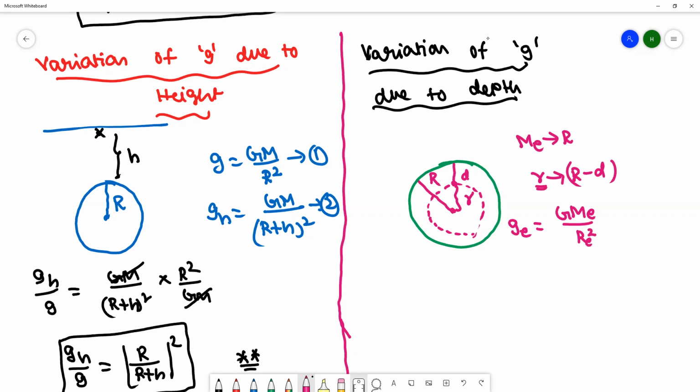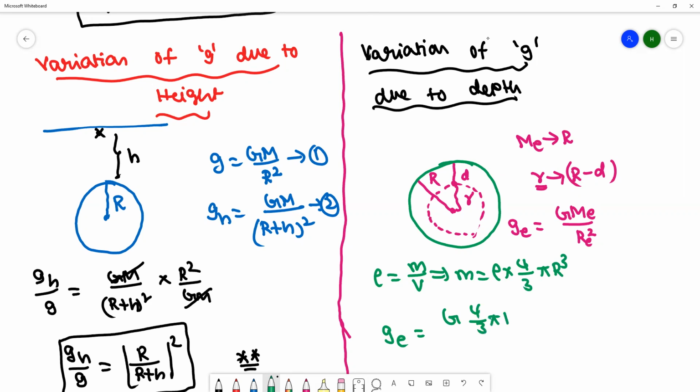Density is equal to mass per volume, so mass is equal to density into volume. If you consider the total radius, the total mass of the sphere is 4/3 pi r cube rho. So g_E is equal to G into 4/3 pi r cube rho divided by r square.